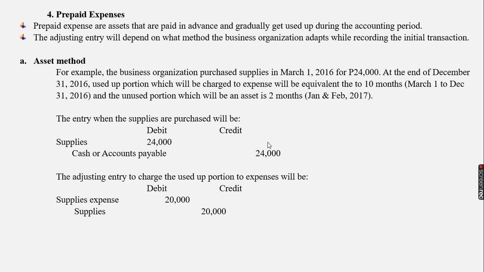Okay? So, your entry on March 1, 2016 is, of course, you have supplies 24,000, and whether you bought it on credit or paid cash, your credit is 24,000.